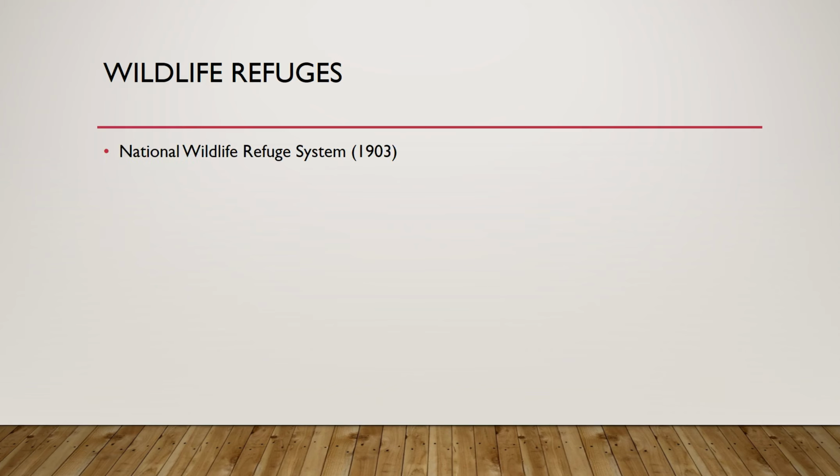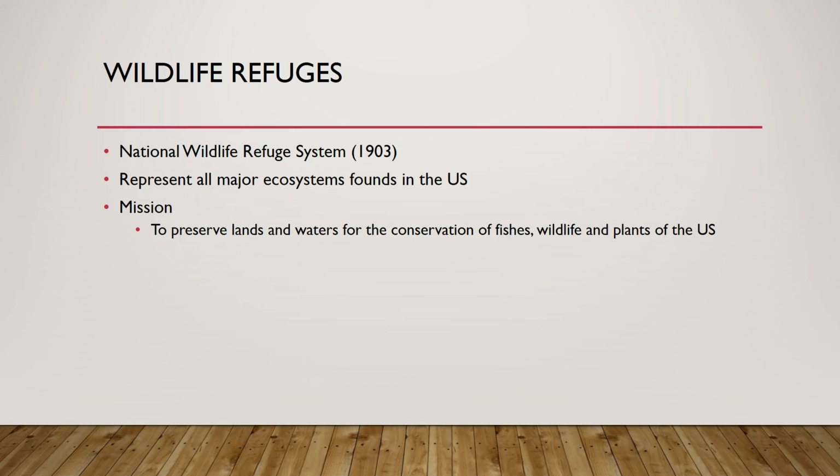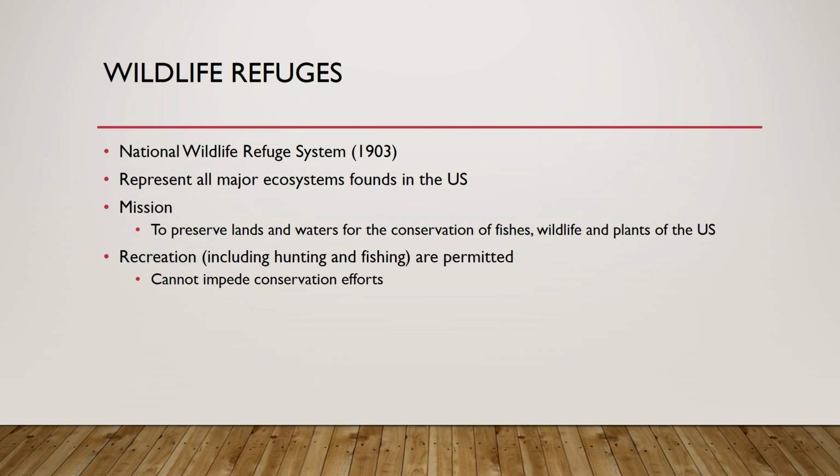All right. Wildlife refuges are different from national parks and wilderness areas in that they're still conservation-minded, right? They represent every major ecosystem found in the U.S., okay? Their mission is to preserve land and water for the conservation of fishes, wildlife, and plants in the U.S. But in our wildlife refuges, we allow recreation, including hunting and fishing, as long as it doesn't impede conservation efforts.